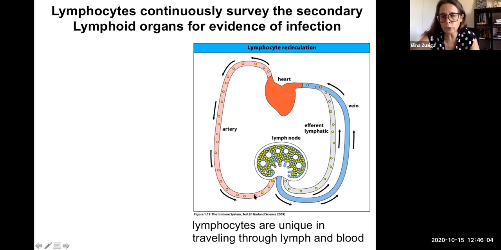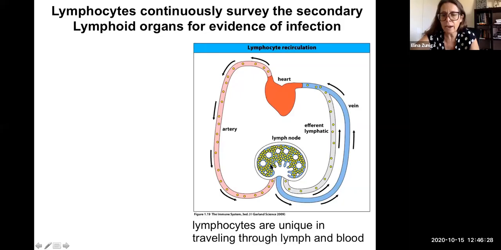Okay, so here we already learned as well that lymphocytes, this is here a lymph node, okay, and we learned that the lymphocytes will arrive, these in yellow are all naive lymphocytes, right? Once they are generated from the thymus or bone marrow, they will get into the blood, and they will arrive into the lymph node via the artery that vascularizes this lymph node, okay?